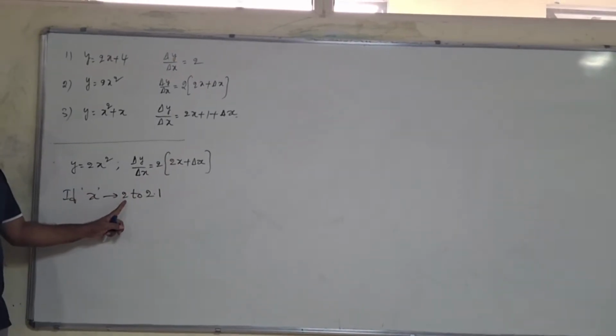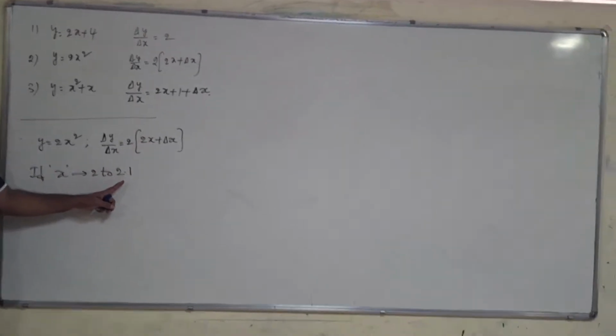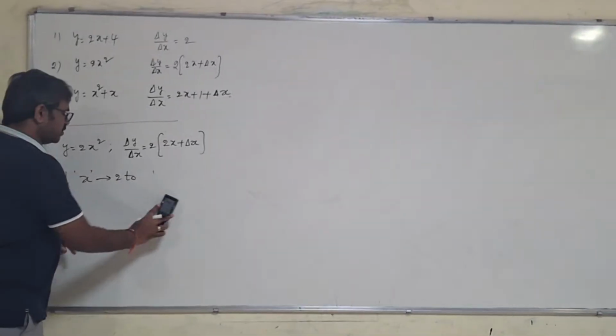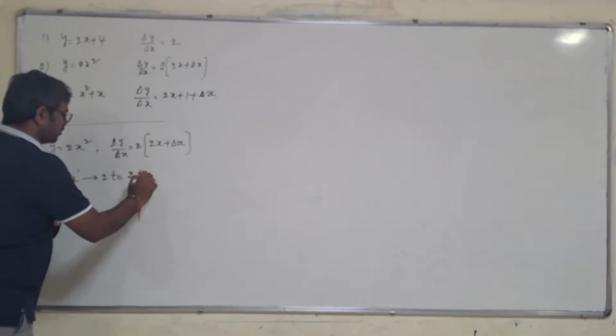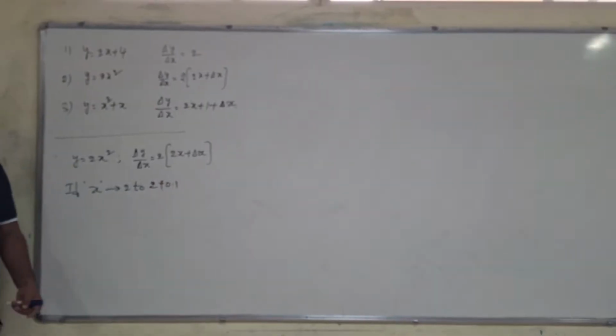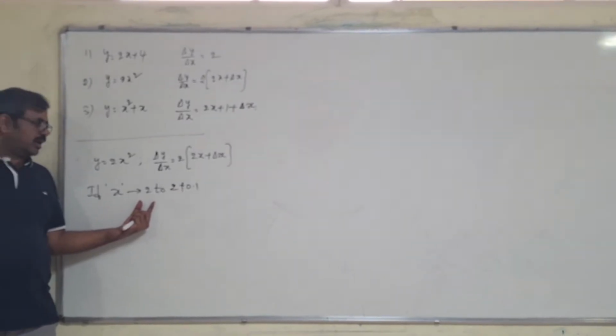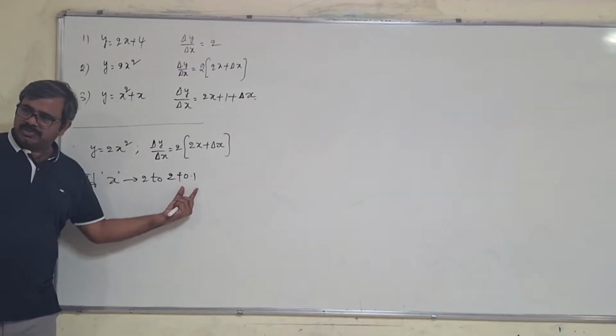So x is 2, delta x is how much? 0.1. X changes from 2 to 2 plus 0.1, which is 2.1. So x is equal to 2 and delta x is equal to 0.1.